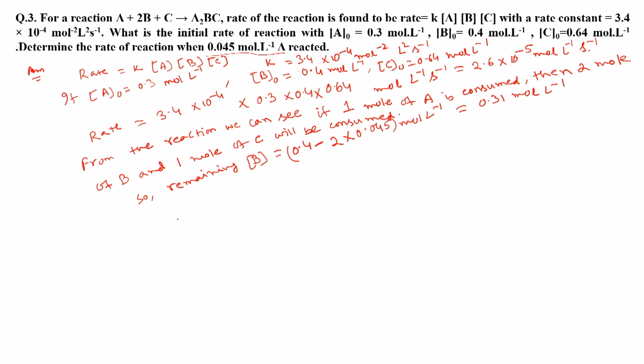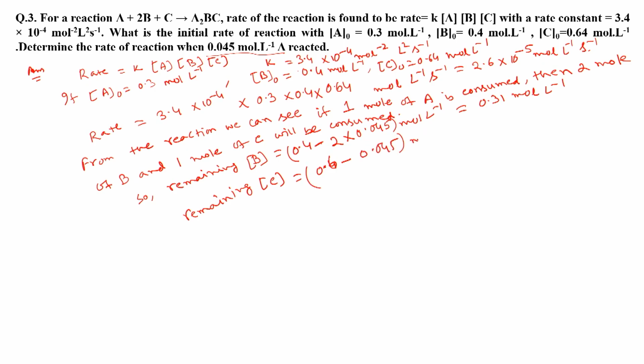Similarly, remaining concentration of C will be 0.64 minus, so when 1 mole of A reacts with 1 mole of C, 0.045 moles of A reacted, so 0.045 mole of C also is reacted, so minus 0.045.